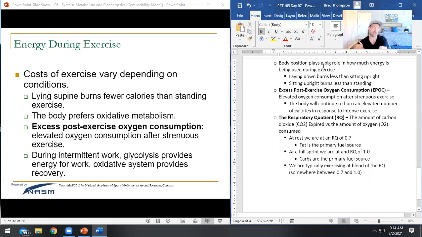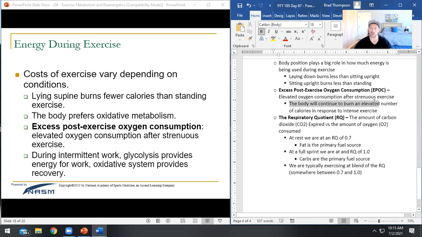Now, generally, we think of catching our breath as something you do after 30, 60 seconds, and so is the big elevated calorie burn done at that point? Well, not necessarily. Sometimes we've seen it last up to 72 hours in some people.